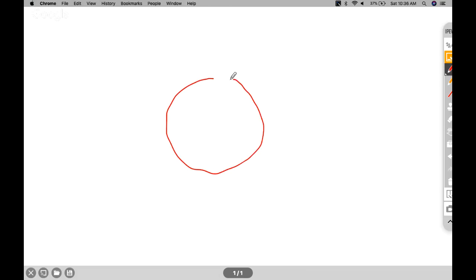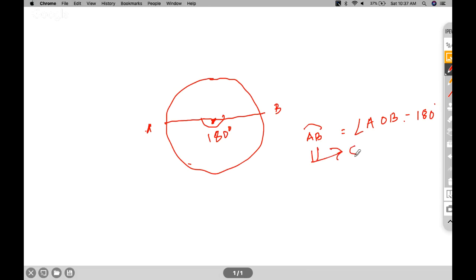If I draw this circle and consider this arc AB, this complete thing, and look at the angle subtended on the center, it would be 180 degrees. So angle AOB is 180 degrees, and arc AB would be known as a semicircle.